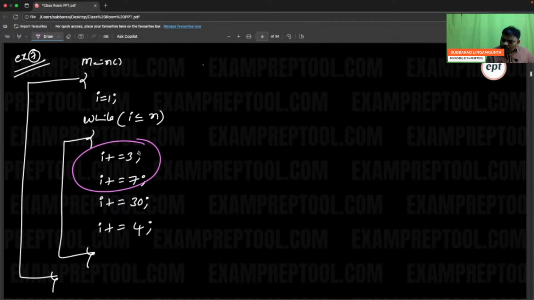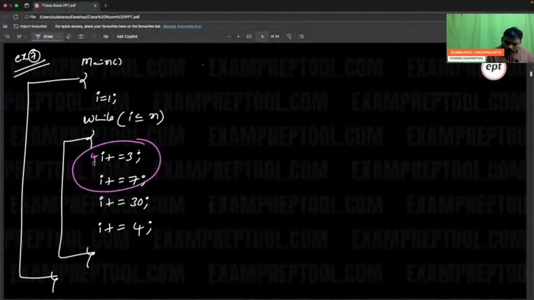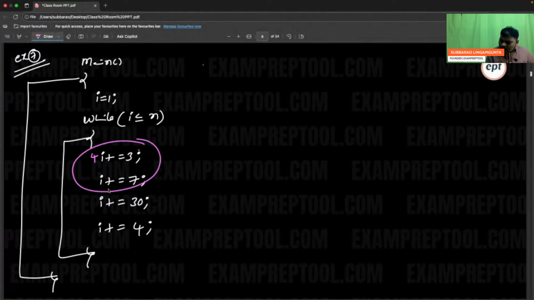After completion of this, i became 4. After this, 4 plus 7, so it became 11. After this, 11 plus 30, so it became 41. After completion of this one, 41 plus 4, 45.